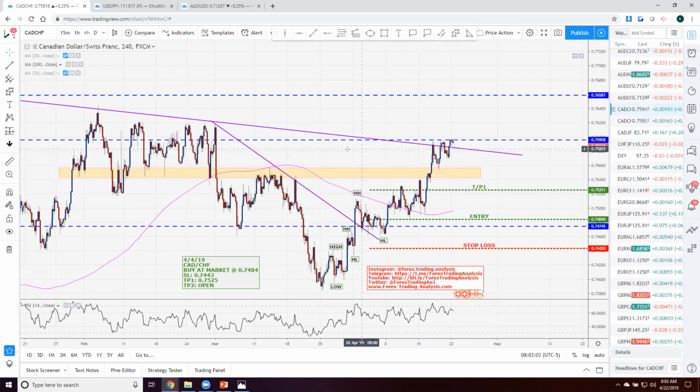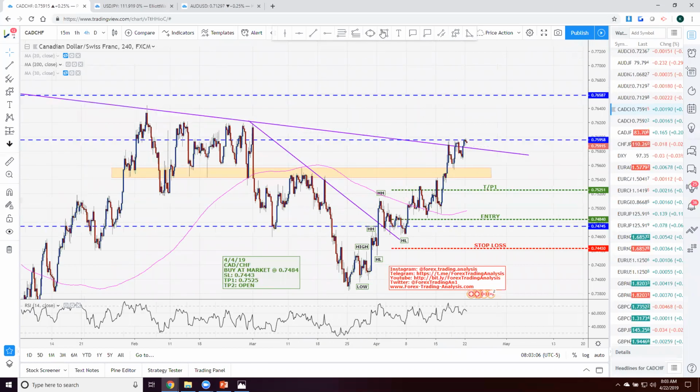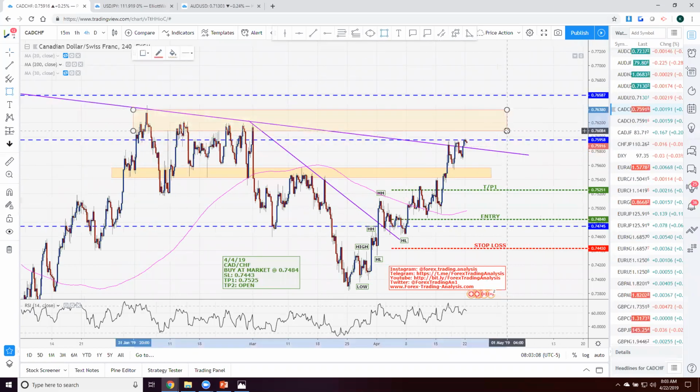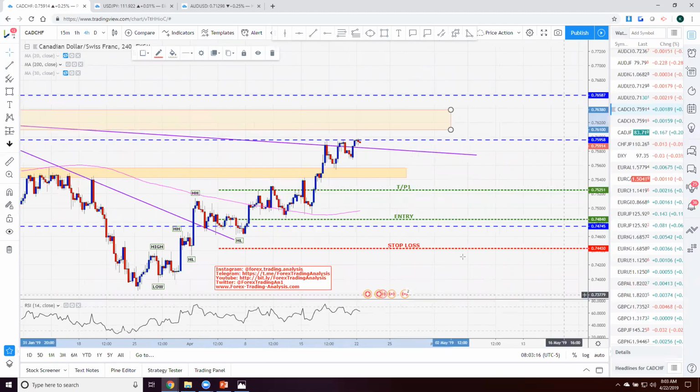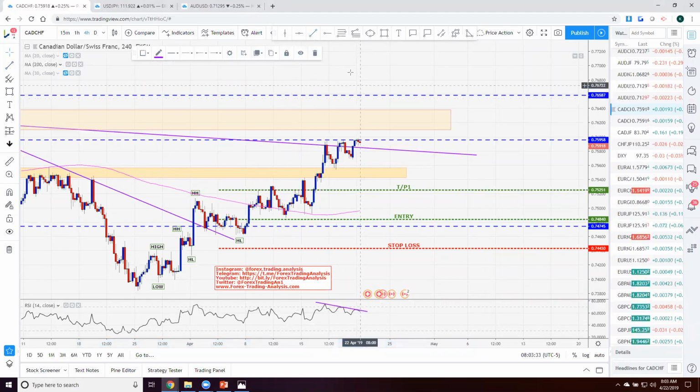So now we're currently at that area of resistance. The trend line has, again, some bearish divergence. As you can see here, we're bearish on the right side, and our price is doing that.